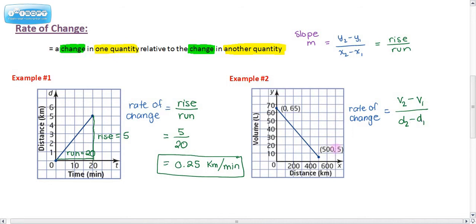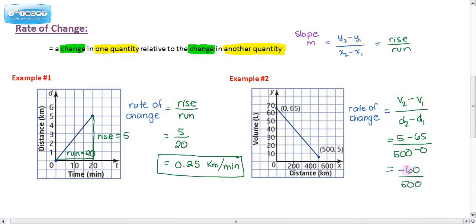So we have volume 2, which is 5, subtract our volume 1, which is 65, all over our distance, which is 500, subtracted by our first distance, which is 0. When I take those values, I have minus 60 all over 500.